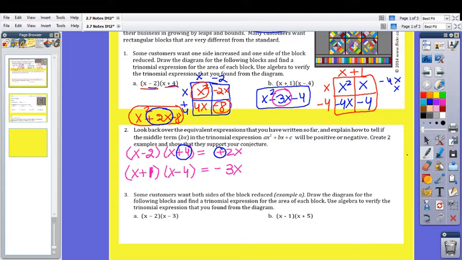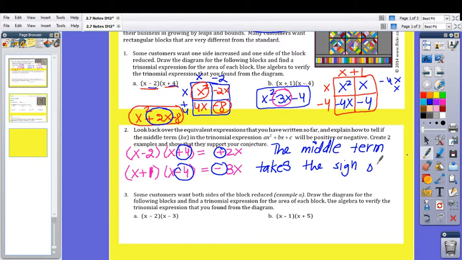In this one, 4 is greater and 4 is negative, so that's why we got a negative. So the middle term takes the sign of the larger factor or greater factor.